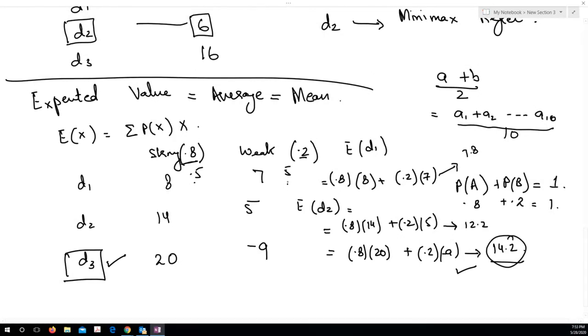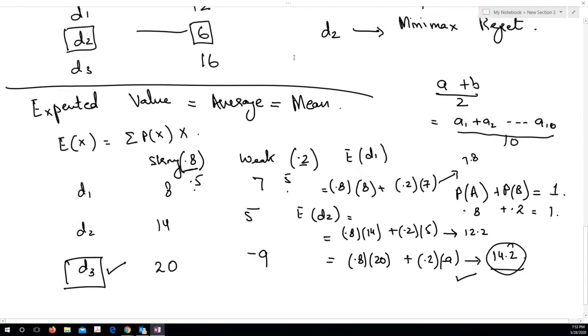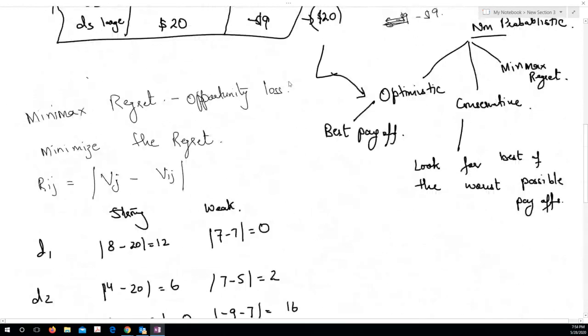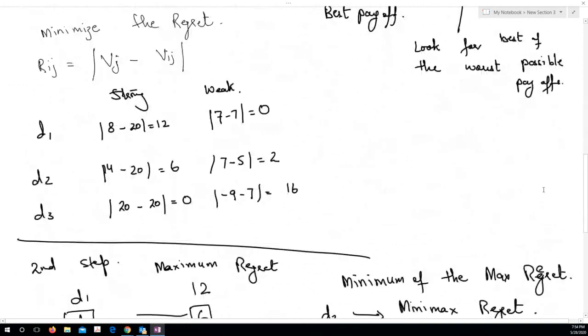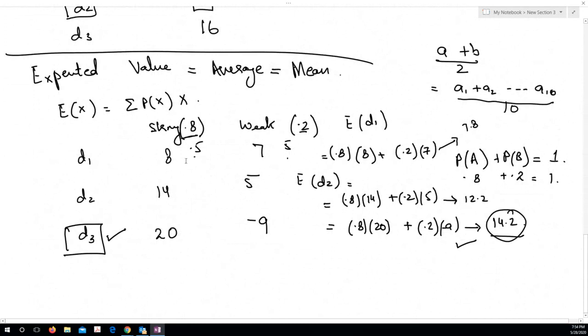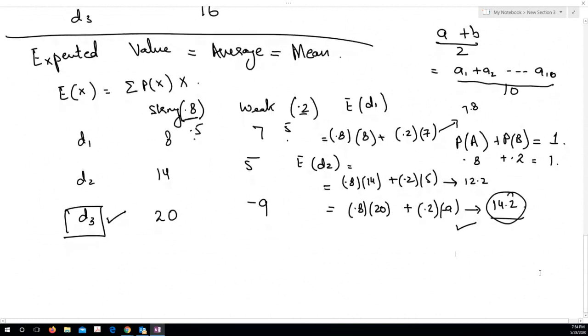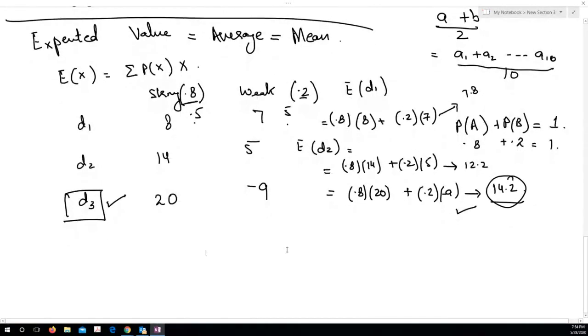It doesn't add anything. We will just go back to the same thing. Okay, maybe a better way to do it is to use the minimax regret approach, because it's not telling me anything. They're just saying the probability of this and this are the same. So this is one way to do this.